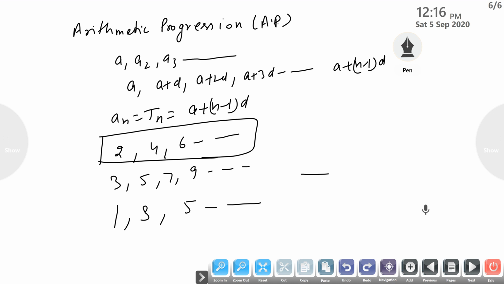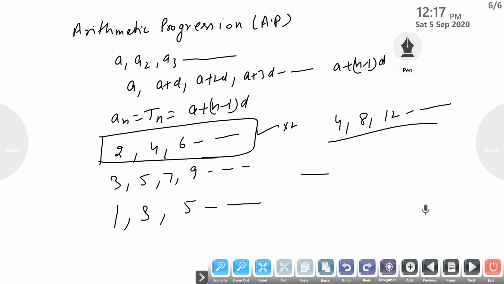If we multiply the sequence by 2, we get 4, 8, 12, and so on. This is also an AP whose first term is 4 and common difference is 4. If we divide each term by a constant value, it is also an AP.